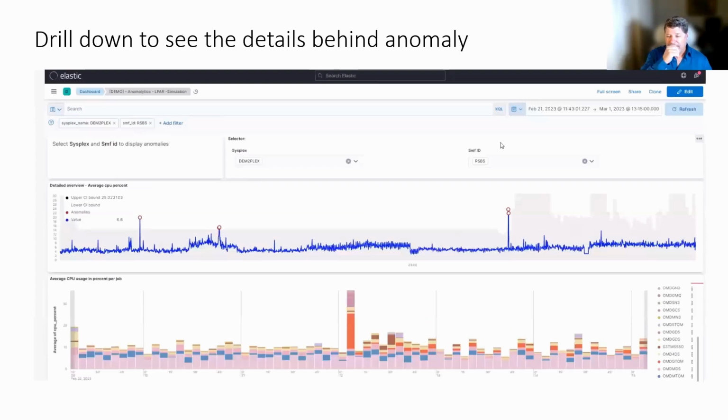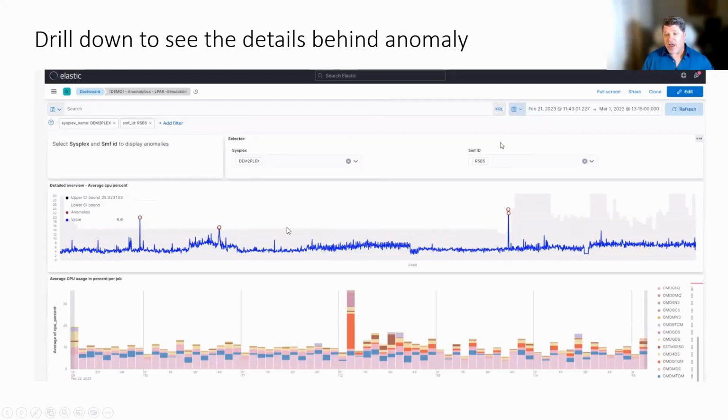Okay. Here's another example of that, where again the shaded area is the baseline, and this was some test data that we had run last year, and we had set up some workloads that we knew were going to generate some anomalies, and we had planned for these anomalies and for this one.